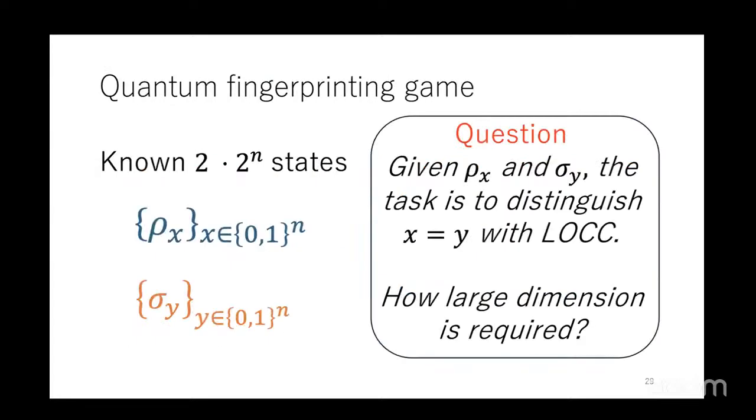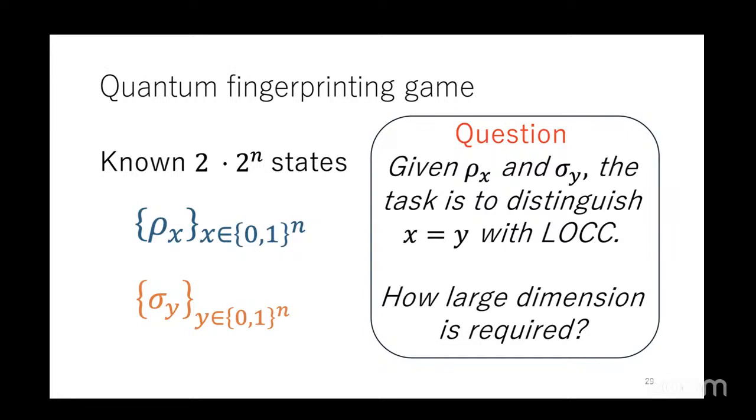And yeah, the problem is equivalently we can consider this game. The referee is given a set of states from Alice and Bob with 2 to the n indices, and the referee's task is, given one copy of the states, to distinguish whether the indices are the same or not with LCC measurement.